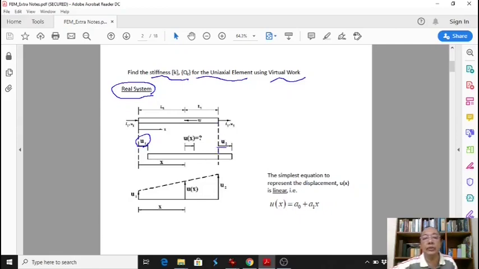And at position X, somewhere here, it displaces U of X. All of these displacements are real.